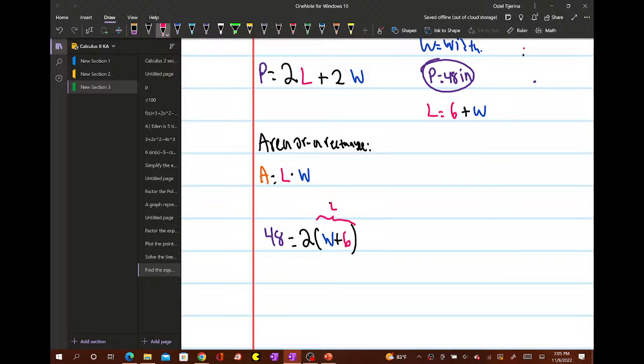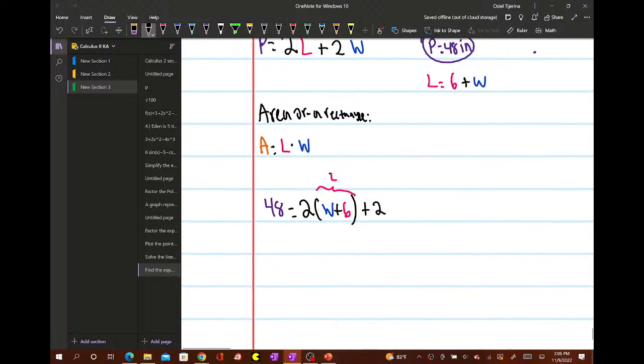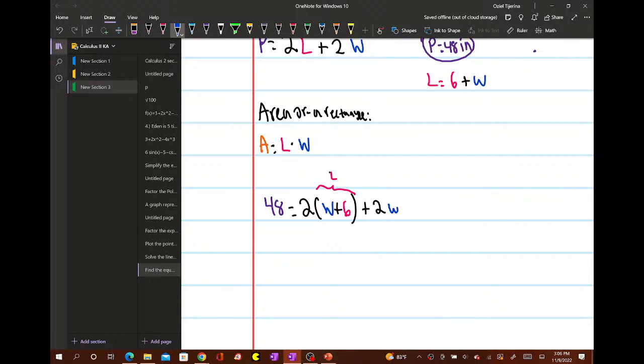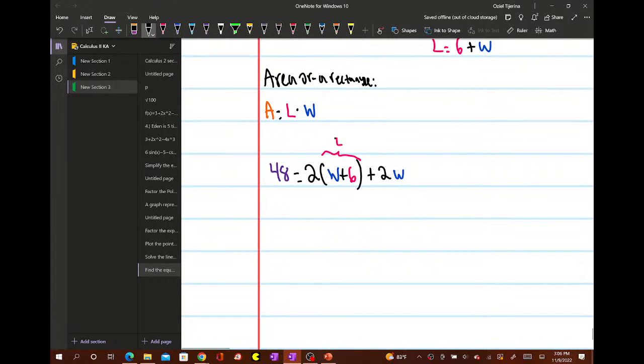It's 6 more than the width. And then plus 2 times the width, and the width is just W, so 2W, right? So then, solving for W, we get 48 is 2W plus 12 plus 2W.